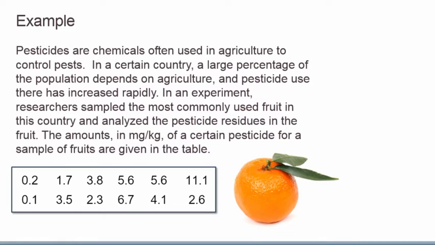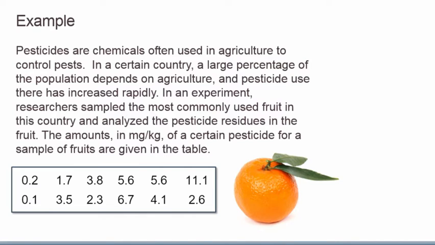Example: pesticides are chemicals often used in agriculture to control pests. In a certain country, a large percentage of the population depends on agriculture, and pesticide use there has increased rapidly. In an experiment, researchers sampled the most commonly used fruit in this country and analyzed the pesticide residues in the fruit.